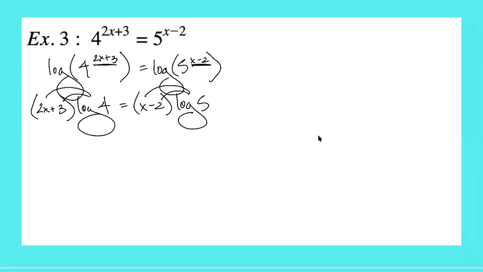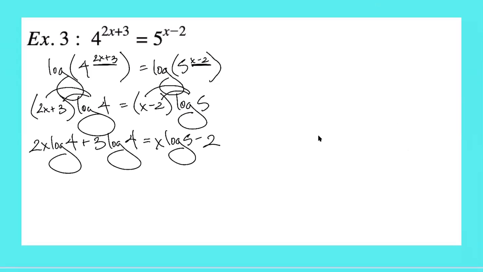So that's going to give 2x log 4 plus 3 log 4 equals x log 5 minus 2 log 5.